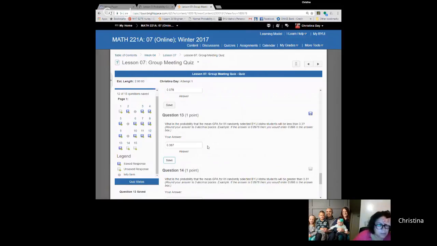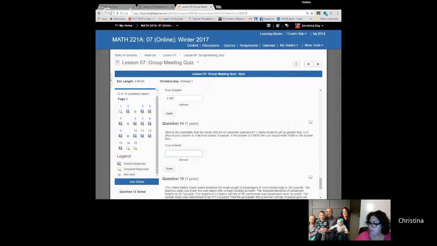And what area do we mark? Below the z-score, so you just mark the one to the left. Yes, to the left. So the area is 0.3874. Yes. Okay. 0.3874. Yes.